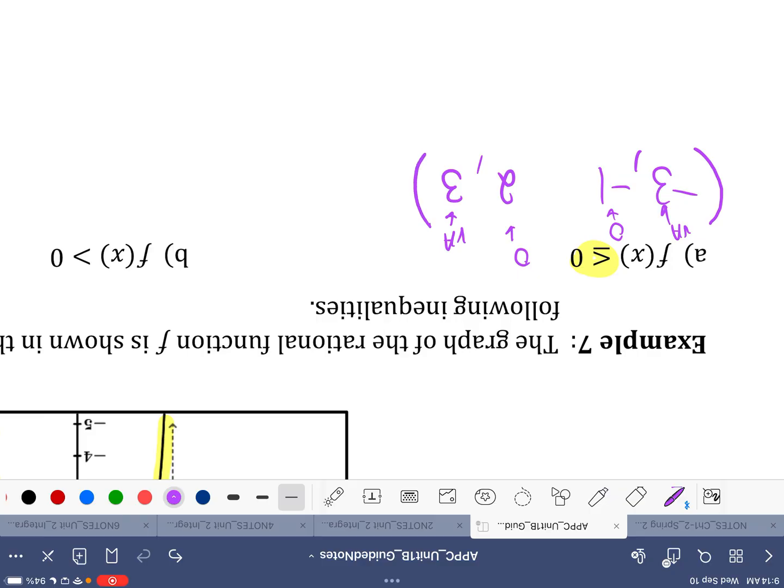So it should have parentheses. In this situation, we had less than or equal to. Can we equal x-intercepts? Yes. So we are going to put brackets because we can equal x-intercepts. And this question had a less than or equal to.